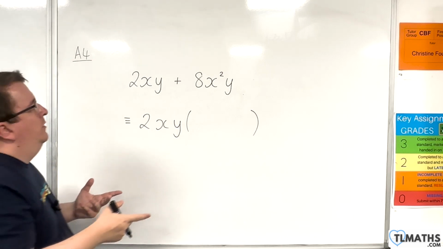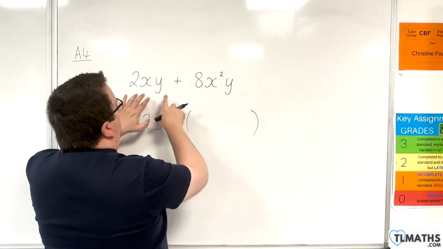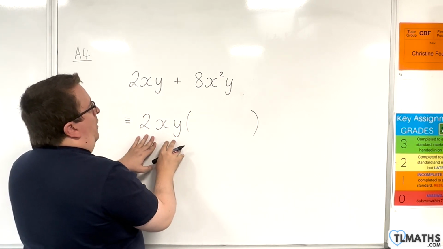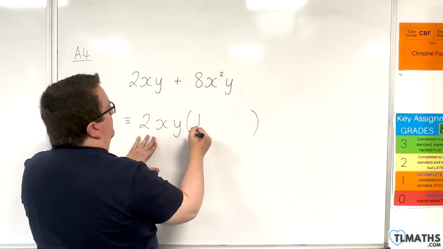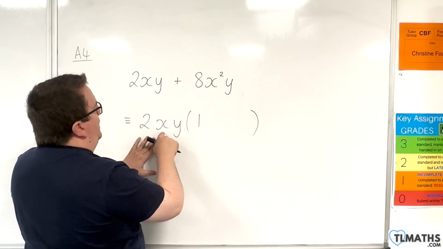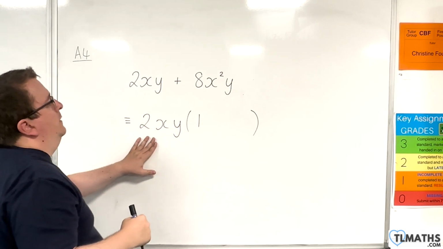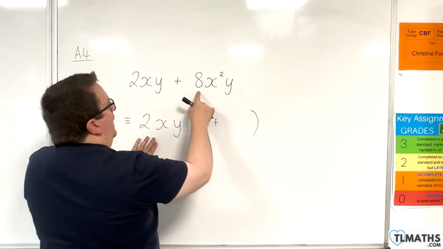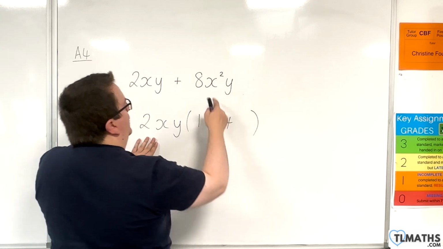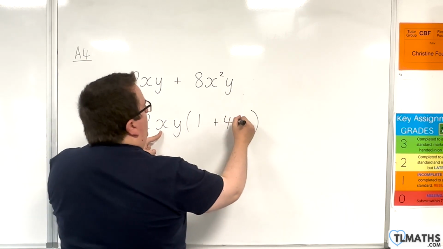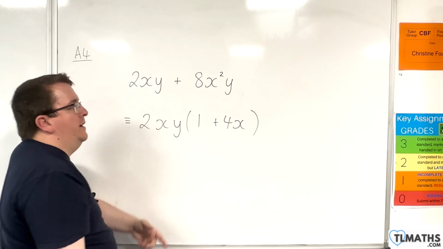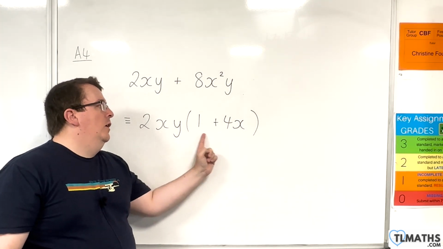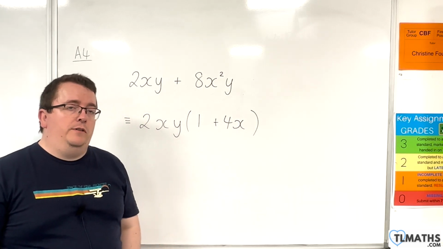You can then divide both of your terms by the 2xy. So 2xy divided by 2xy is going to be 1: 2 divided by 2, x divided by x, y divided by y. And then for this term divided by 2xy, 8 divided by 2 is 4, x squared divided by x is x, and y divided by y is 1. So actually this should become 2xy on the outside, 1 plus 4x on the inside.